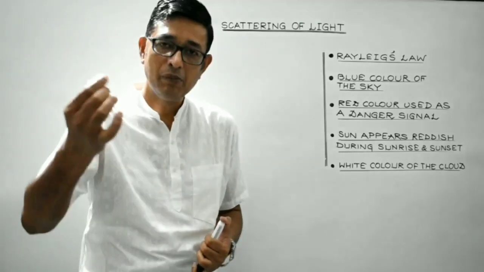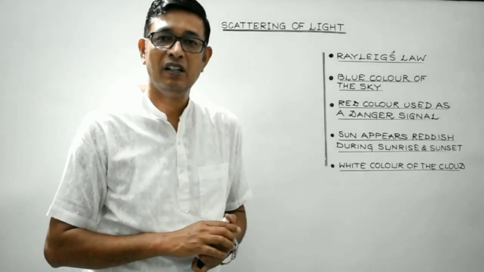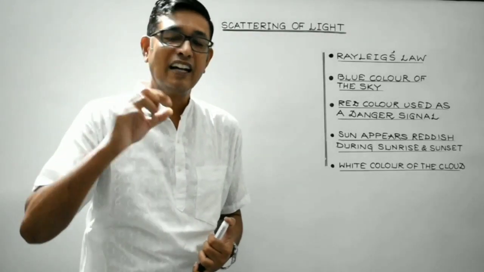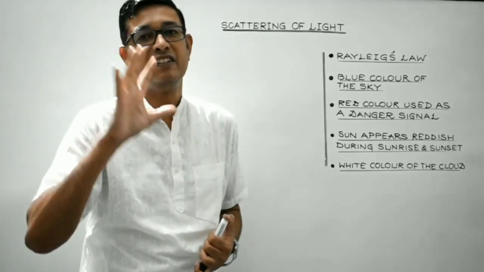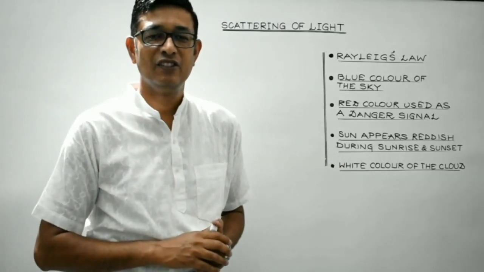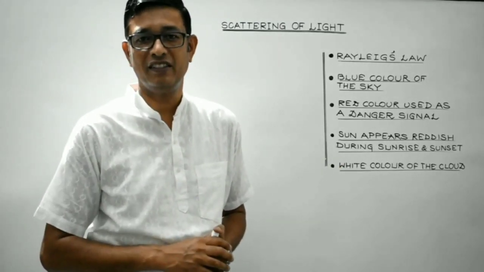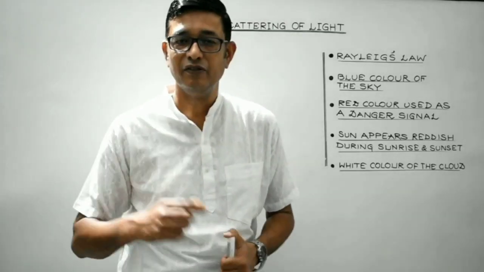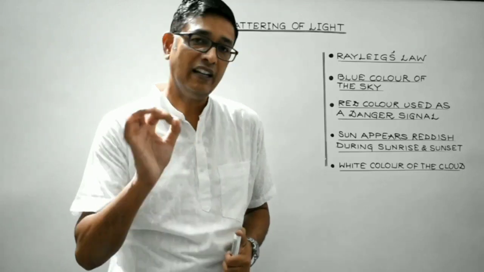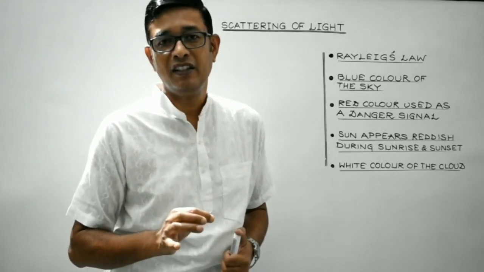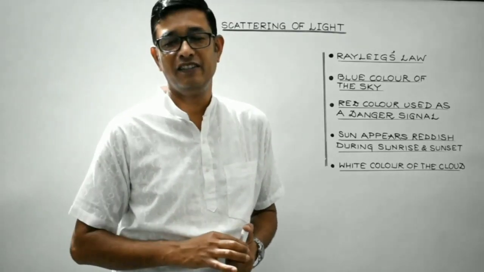Actually, when a beam of light falls on an atom, the electrons in the atom start vibrating, and as a result, it re-emits light in all the directions. So this is scattering of light, right? And as we have discussed in that short video, Lord Rayleigh was the first person to have studied the scattering of light in detail.